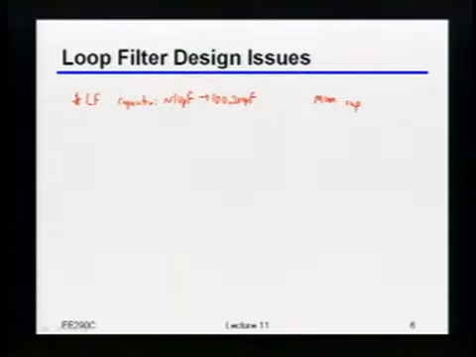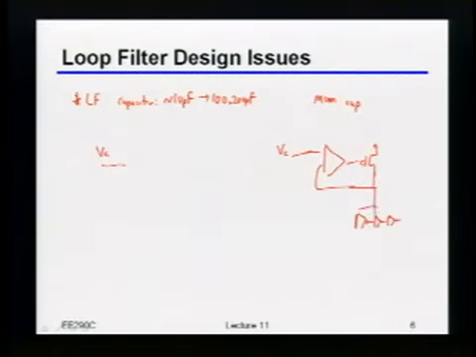Okay, so the good news is, remember, that control voltage generally has some bias on it. So in particular, for example, let's say I was doing a PLL that was driving a ring oscillator, right? And let's say that maybe the PLL was built so that I was actually controlling the power supply of a ring oscillator. Something, let's say, like this. Okay?